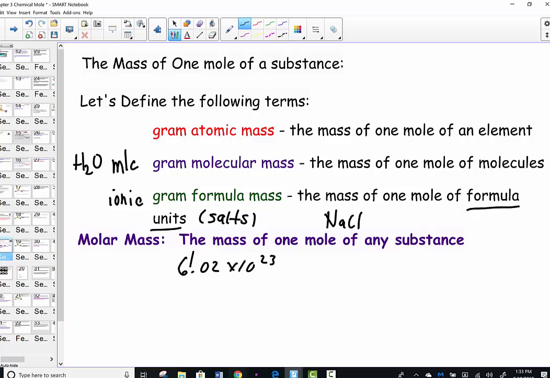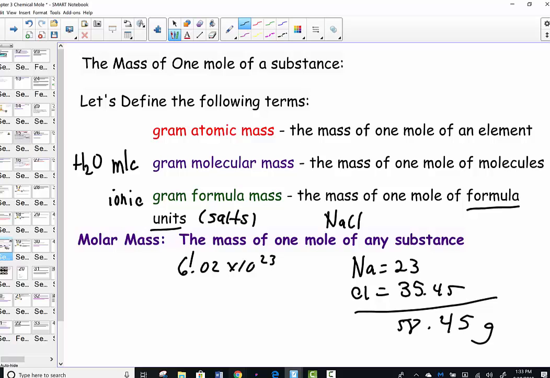Chlorine with a mass of 35.45. Add those together to find the mass of a whole mole of sodium chloride. With sodium's mass and chlorine's mass, I add those together, and now I know how much to weigh out to get 1 whole mole of sodium chloride.